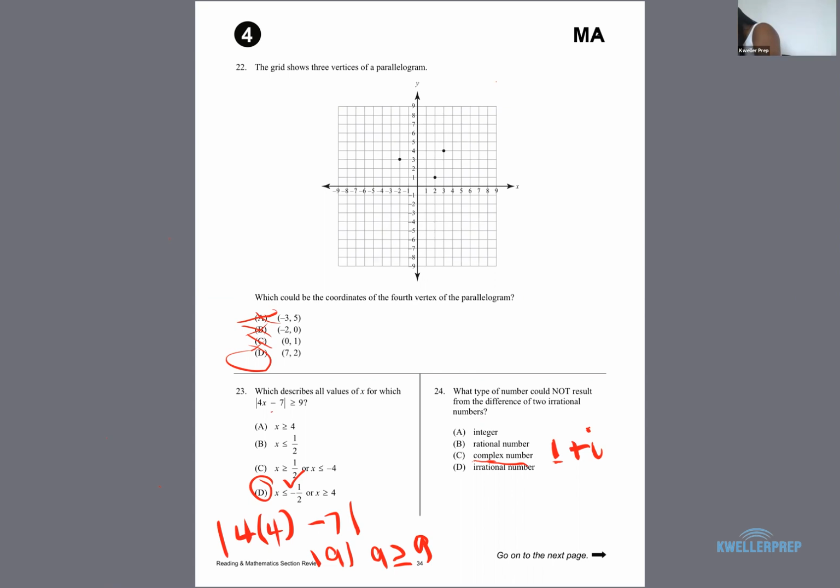The 1 is real. 1 is a real number. And then it also has its irrational part. And I is irrational because I is equal to the square root of -1. And the square root of -1 is irrational because you cannot take the square root of any sort of negative number. So that's why 1 plus I is a complex number.